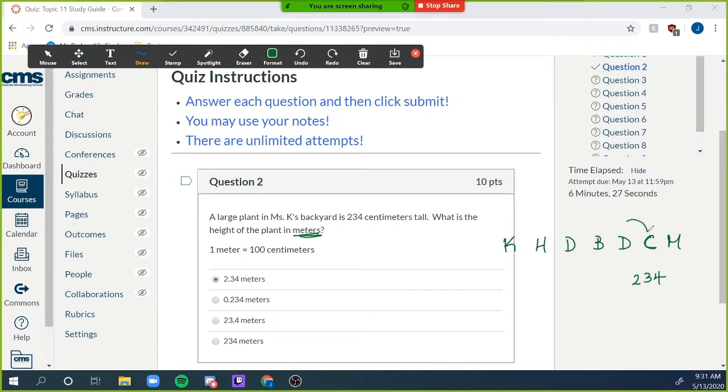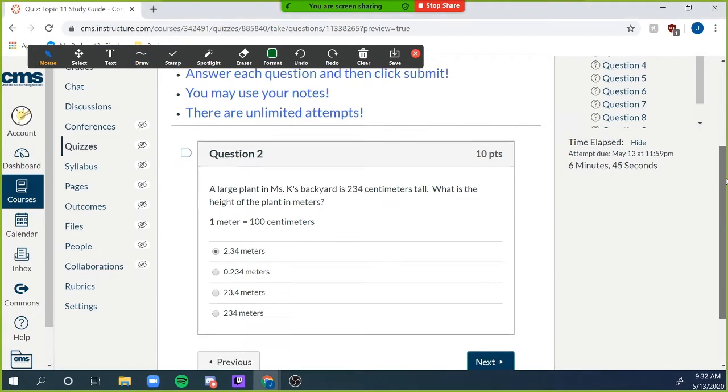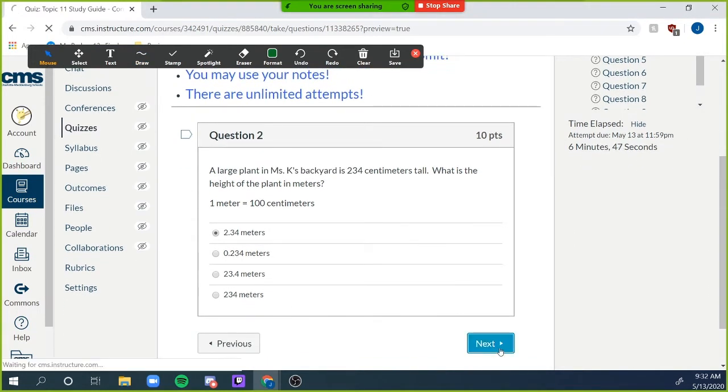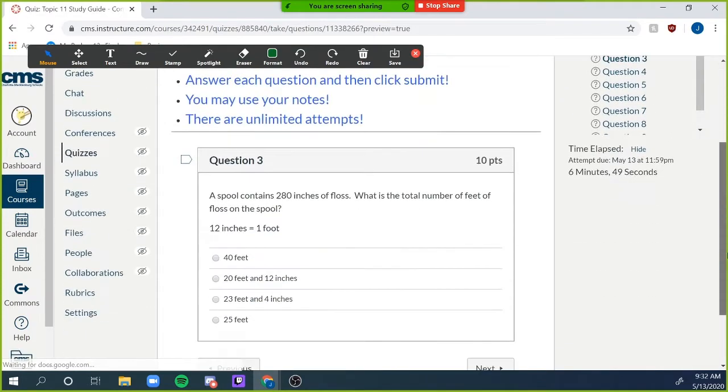So we're going to go 1, 2. So that means we're going to move our decimal in 234 two times, 1, 2, to the left. So 2.34 meters. It's up to you which version you would like to use. I have no preference either.